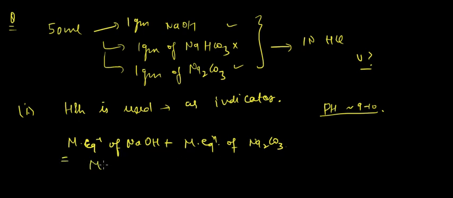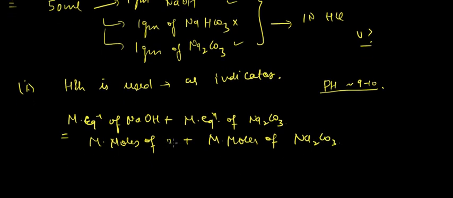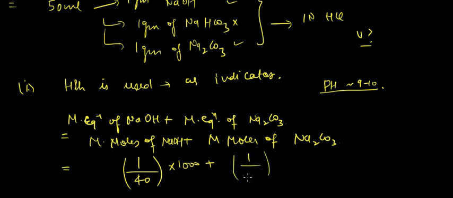So this would be equal to millimoles of NaOH plus millimoles of Na2CO3. As we know, millimoles of NaOH would be nothing but given mass of NaOH divided by molar mass of NaOH, which is 1 by 40. As it is used as millimoles, we have to multiply it with 1000, plus millimoles of Na2CO3, which would be the given weight of Na2CO3, 1, over the molar mass of Na2CO3, which would be 106.